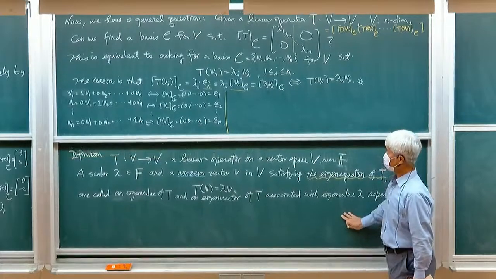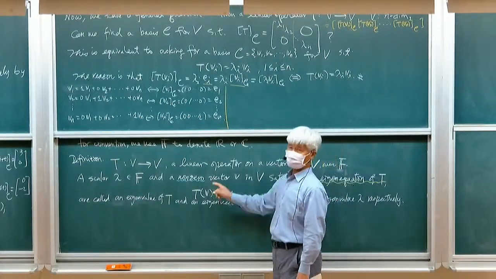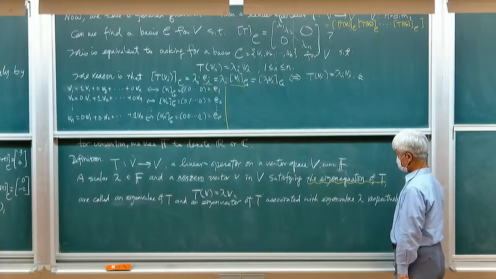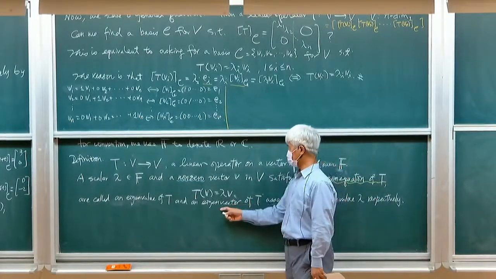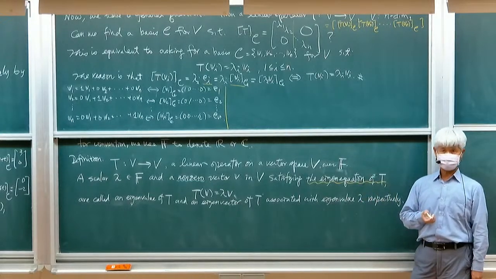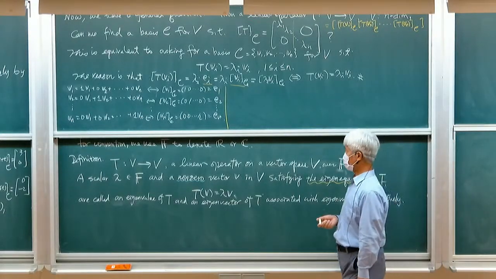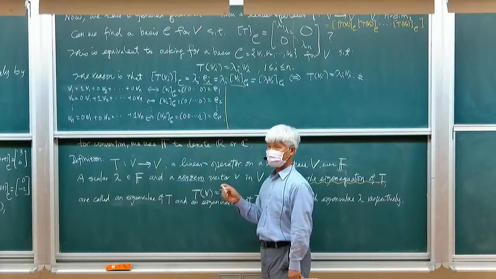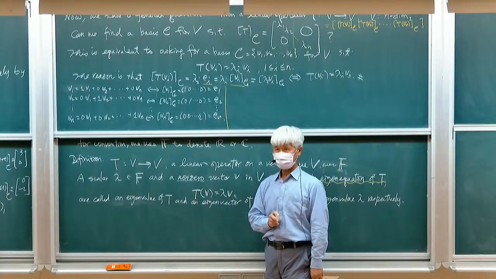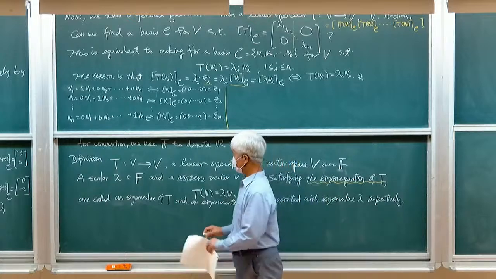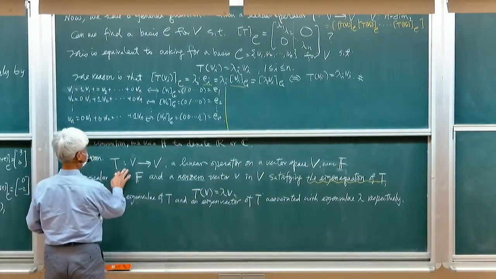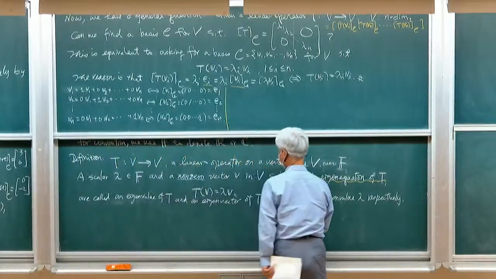Okay, so an eigenvector must be non-zero, and an eigenvector must be associated with an eigenvalue. So an eigenvector cannot exist independent of an eigenvalue. Okay, so that is the definition.